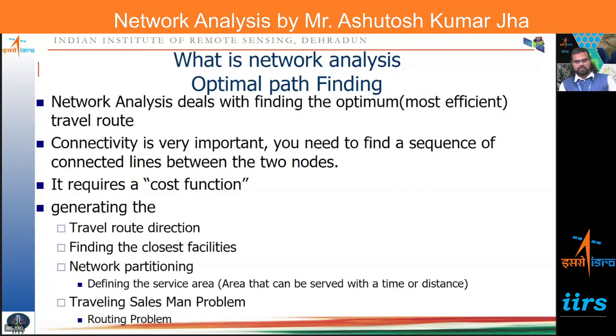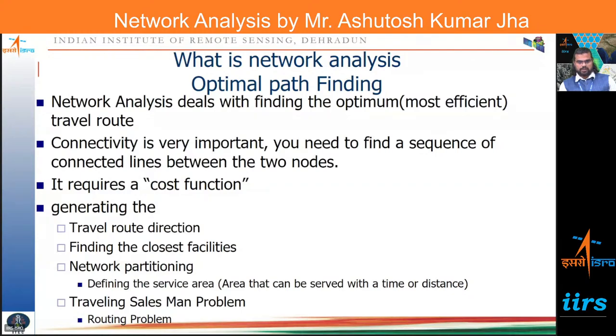And wherever we need to carry out such analysis in our network, we need to make sure that all the different components of the network, that is the road segments and the corresponding nodes, are connected to each other. So there's no portion of the road which is not connected as a whole. That particular topological relationship between different network components has to be carried out.